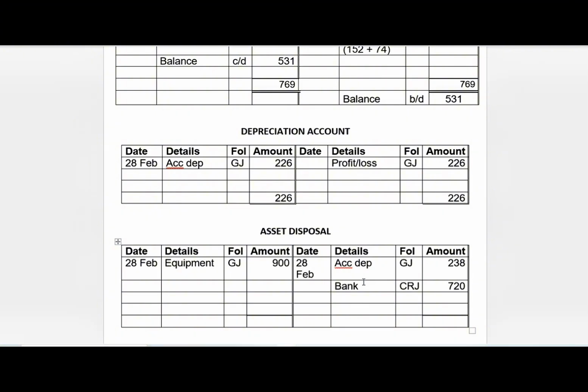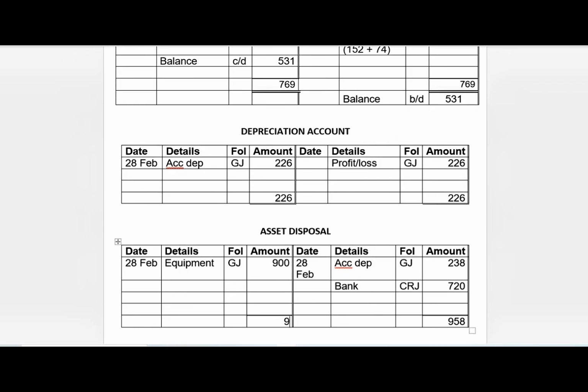Let's calculate that. 238 plus 720, I'm getting 958. That is the closing balance that you're going to put here, 958.